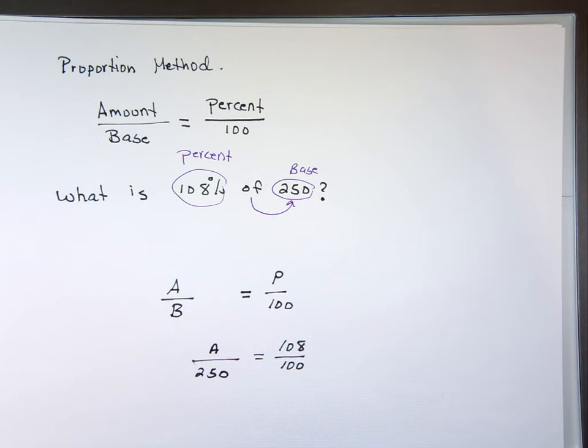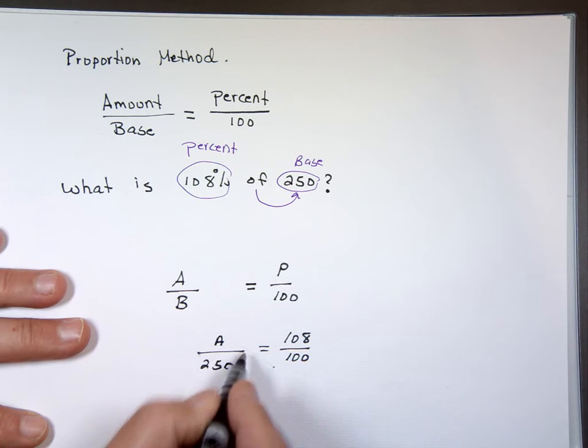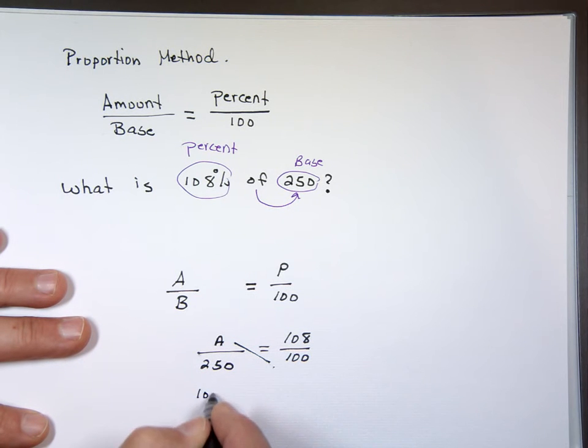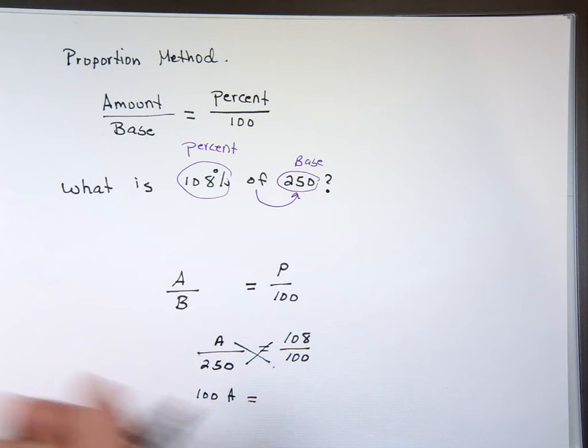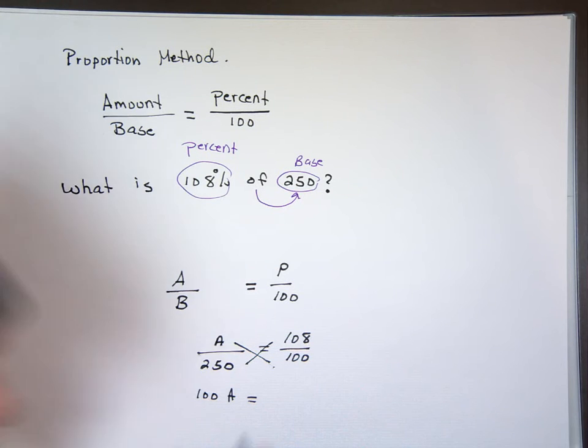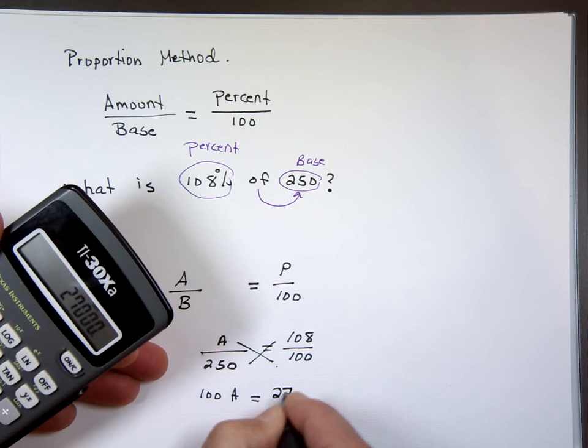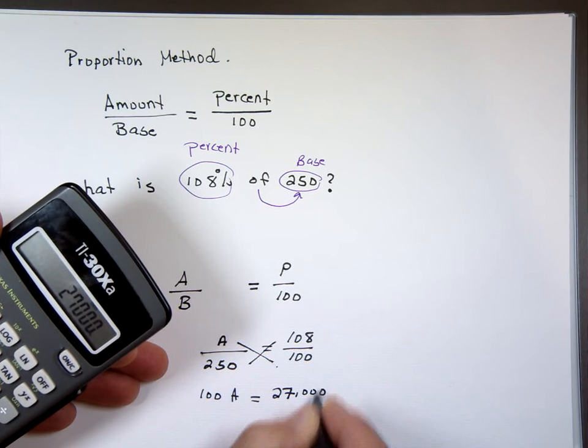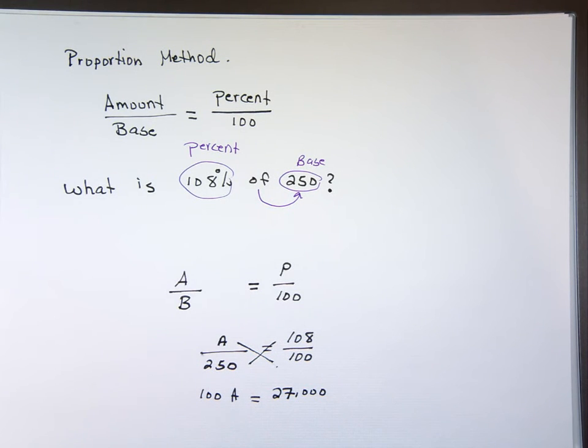Does that look familiar? We just had that in chapter 5, solving proportion. Cross multiply, right? 100A equals, so where's my calculator here? What's 250 times 108? 250 times 108. 27,000. And to solve for A, what are we going to do?